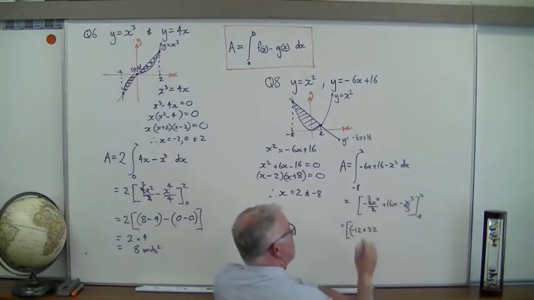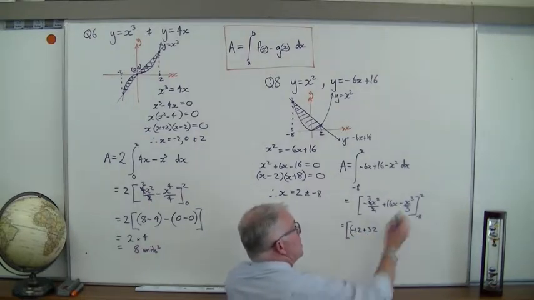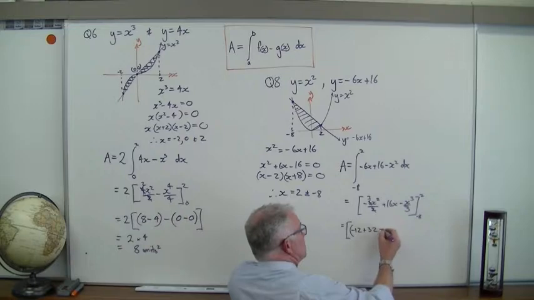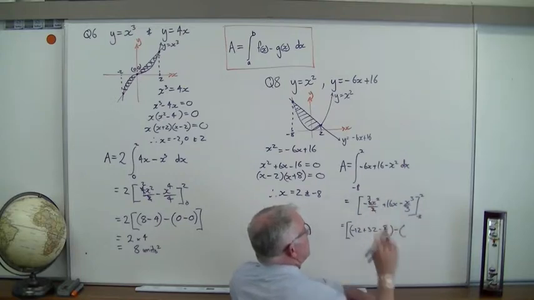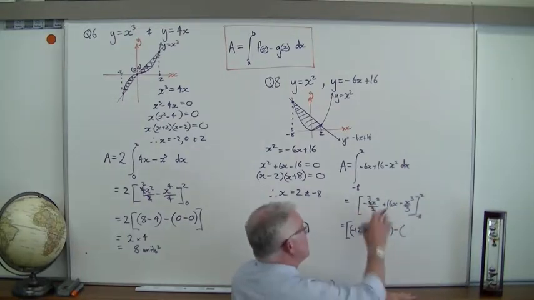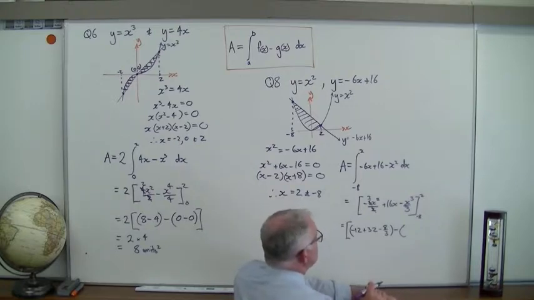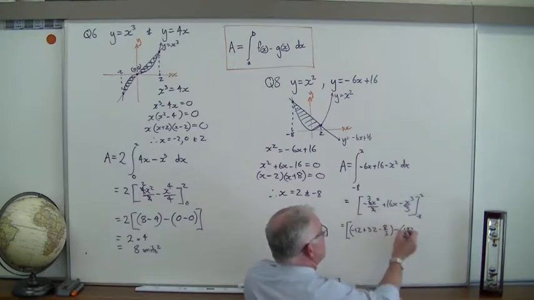There should have been a minus sign in front of this 12. We've got 32, and then this will be minus 8 on 3, minus, now we put all of this into here, minus 8 squared is going to be 64, and 3 times 64 is 192, so we'll have 192, and there's a minus sign again in front of that.